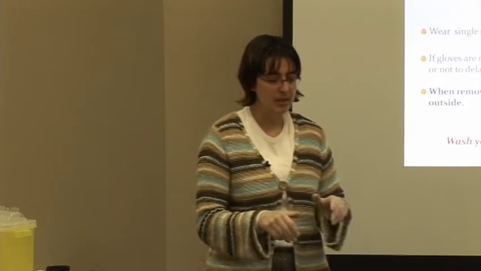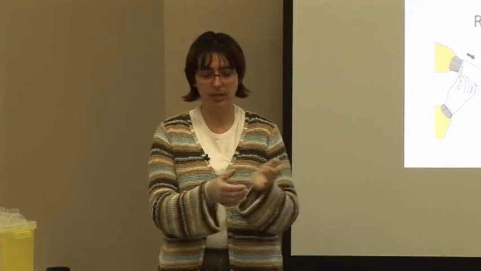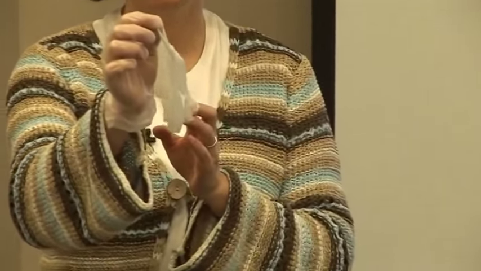So the big thing with the gloves is that you don't want to touch the glove when you're removing it. Putting them on is easy enough. When you take them off, with one hand you're going to grab at the top and turn it inside out, so you're just peeling it, turning it inside out.